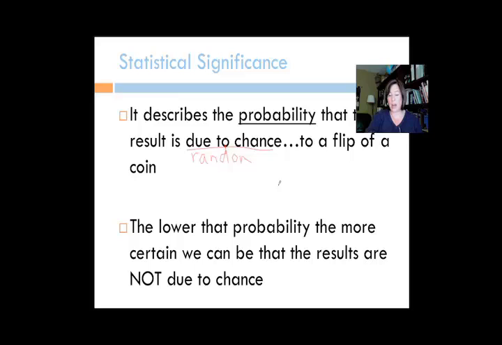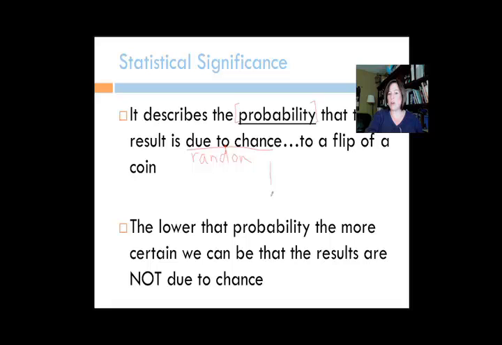You're a big college. The statistical significance of our statistics is a probability that the relationship that you find in your sample of 100 people is the result of randomness, the result of chance.